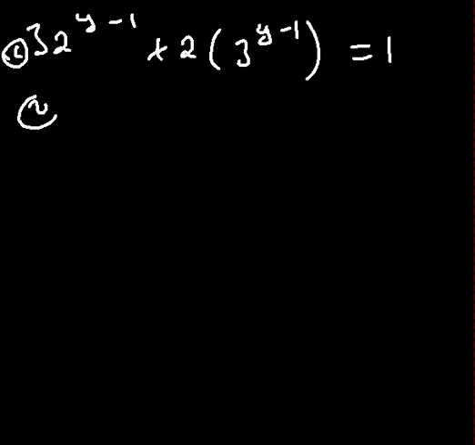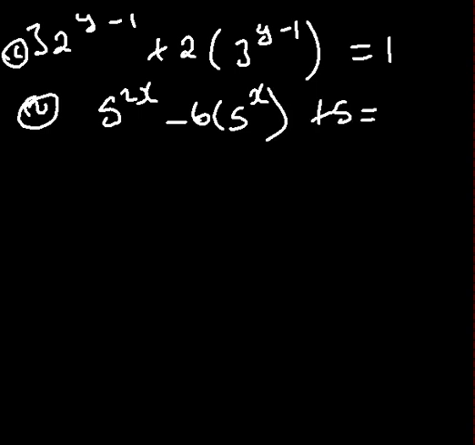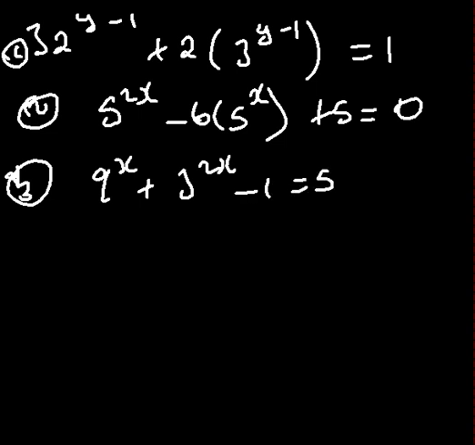And also try this one as well: 5 to the power 2x, minus 6 times 5 to the power x, plus 5, which is equal to 0. And also try this one: 9 to the power x plus 3 to the power 2x, minus 1, which is equal to 53.